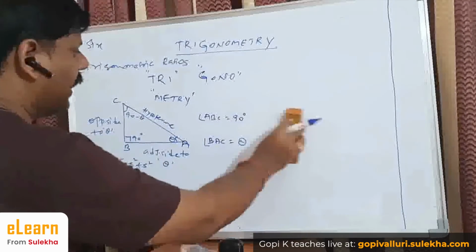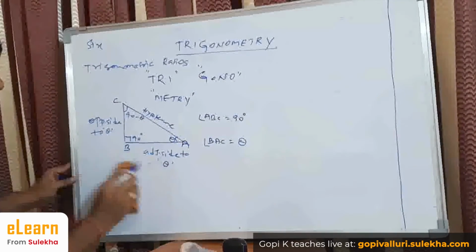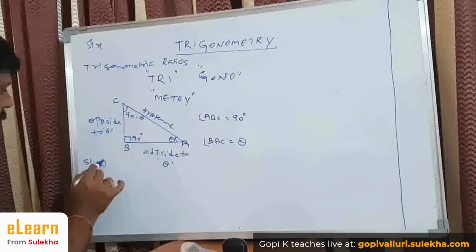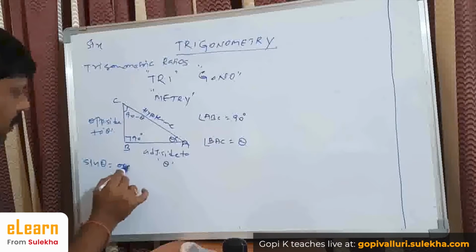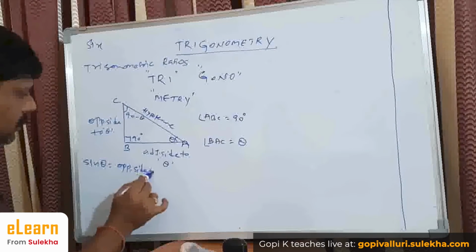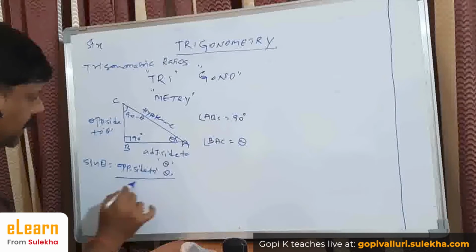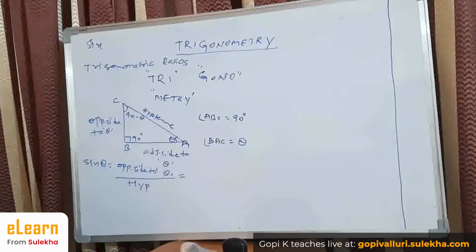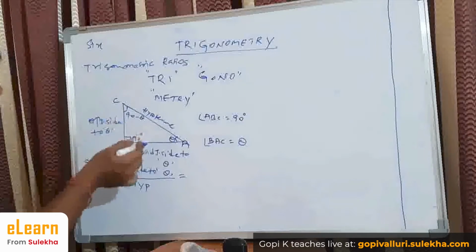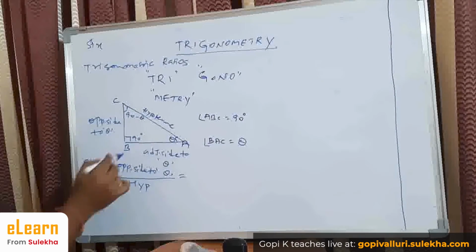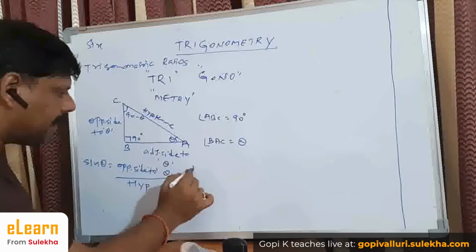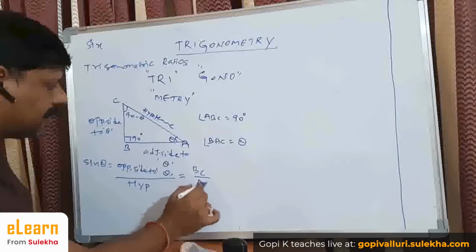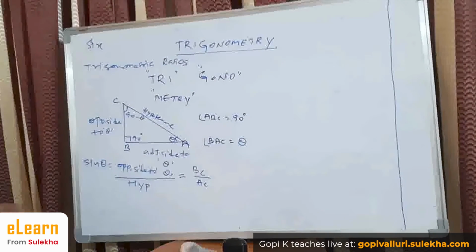Now I am going to define sine theta. The definition of sine theta is the opposite side to theta by the hypotenuse. In this triangle ABC, the opposite side to theta is BC and the hypotenuse is AC. So this is the definition of sine theta.